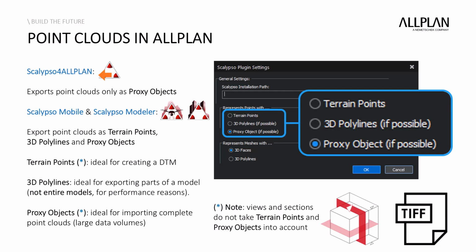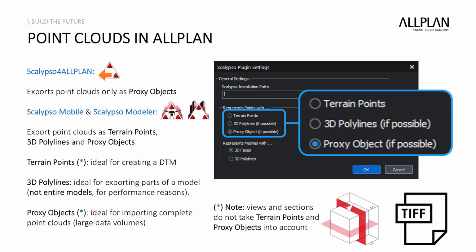I will typically use terrain data points whenever I need to create a digital terrain model, which is often referred to as a DTM. I will use 3D polylines when I need to export specific smaller portions of the model rather than entire models, primarily for performance reasons. Obviously, when dealing with a point cloud containing millions of points, it is simply unimaginable to import millions of individual polylines into your computer.